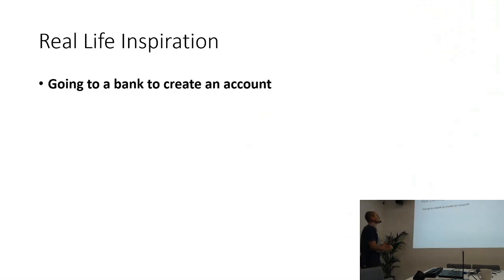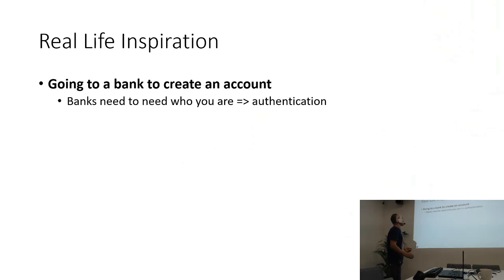One example was when you go to a bank and want to open an account. The bank needs to know who you are. The bank needs to authenticate you, right? The bank doesn't have a database of all the people in the country, doesn't have access to birth certificates or fingerprints or anything.